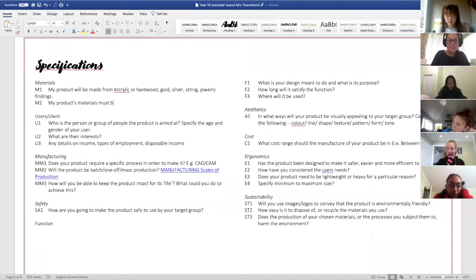Good, must be waterproof. And that's because we don't want them absorbing all of our sweat, do we? And we don't want them rusting. So rust resistant. Anything else? Easy to clean.